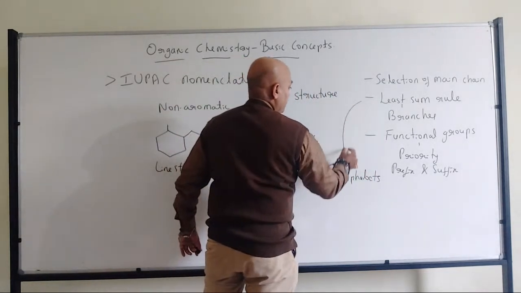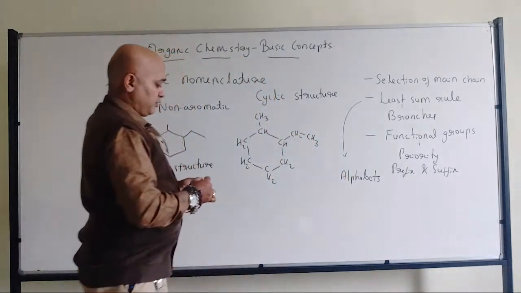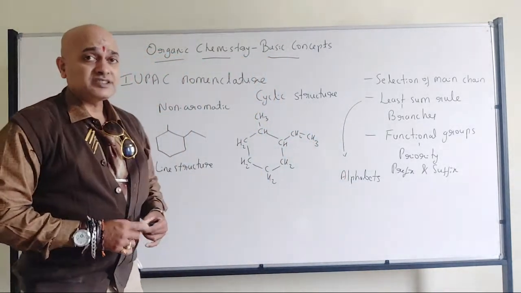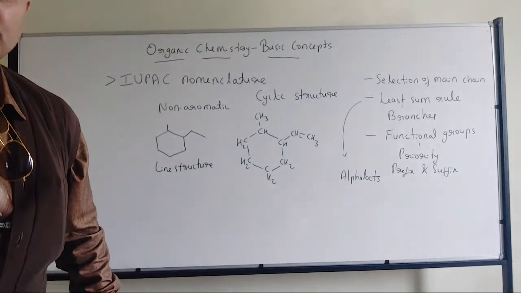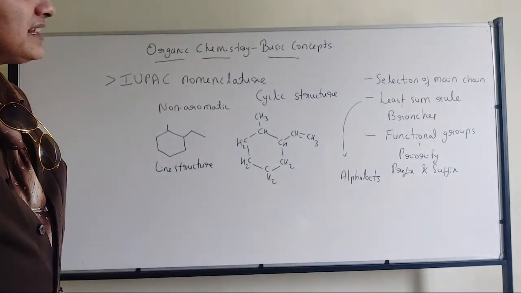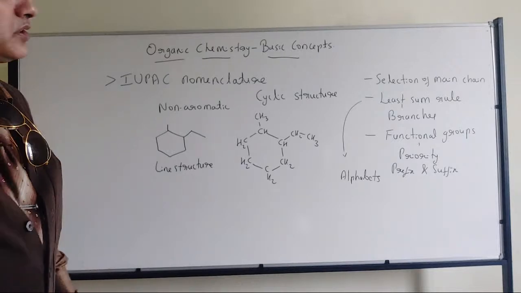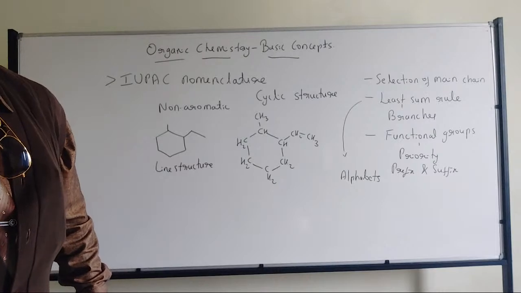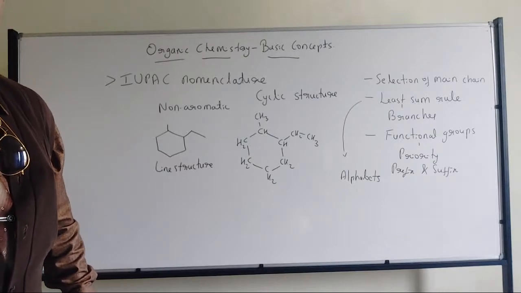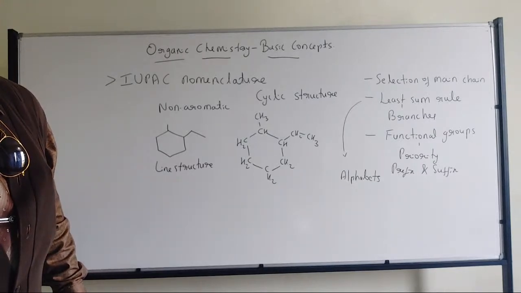We have to follow the least sum rule, no doubt. Here, instead of calling them branches, we can call them substituents. So we go with the least sum rule, no doubt, and alphabet should have the preference. So can any one of you tell me the name of the molecule?